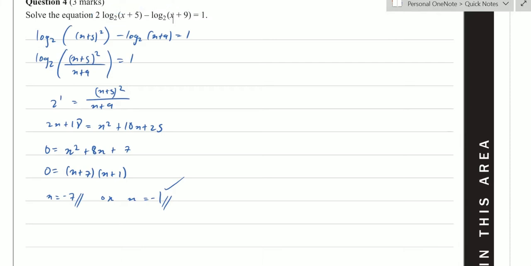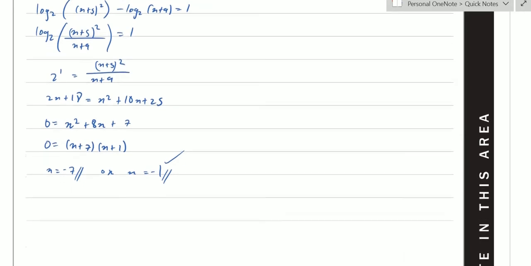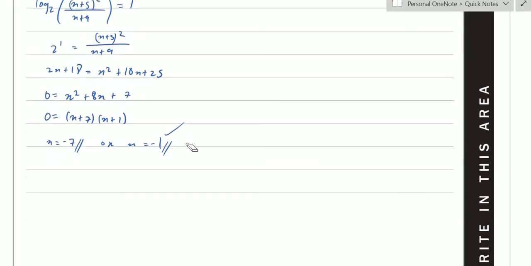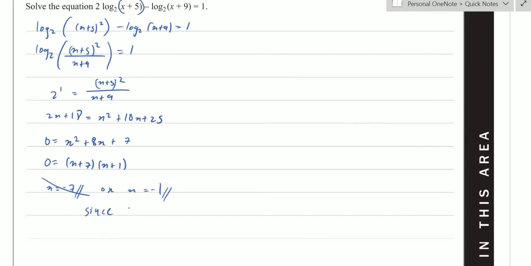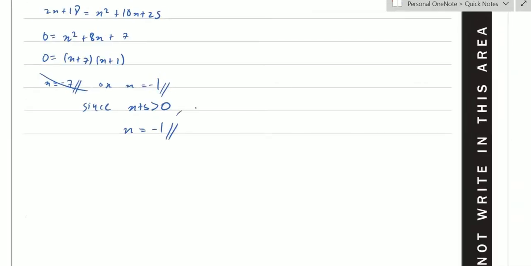That's not how it works. In its simplest form, it must be able to be positive. So you can get rid of this answer. So you can say something like x plus 5 is greater than 0, sorry, x has to be -1.